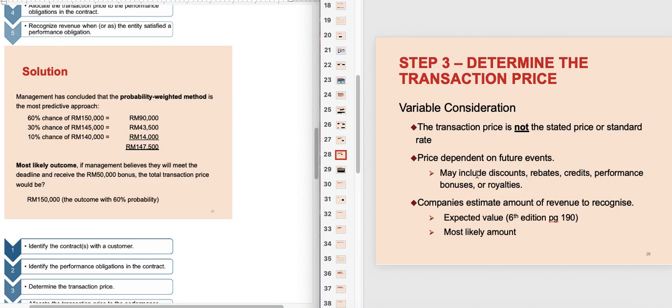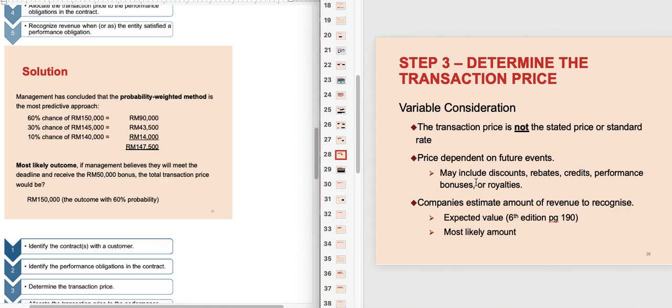So these are the factors referred to as variable, which means that the amount that the company receives is not fixed, depending on these factors. All right, and that factor is a future event, which we are not sure of. So basically, variable is uncertain.